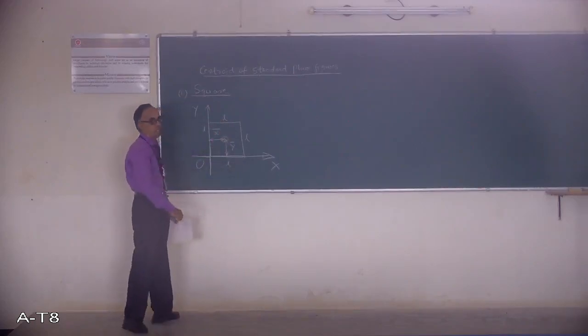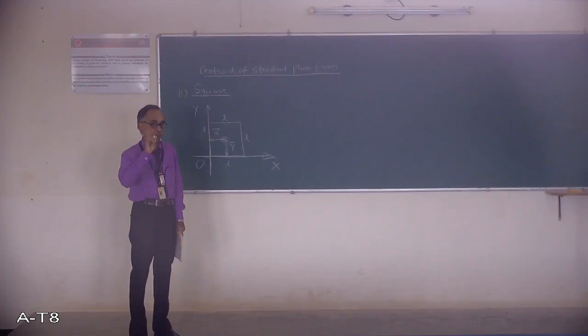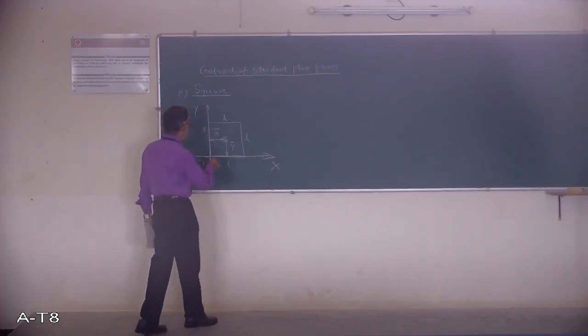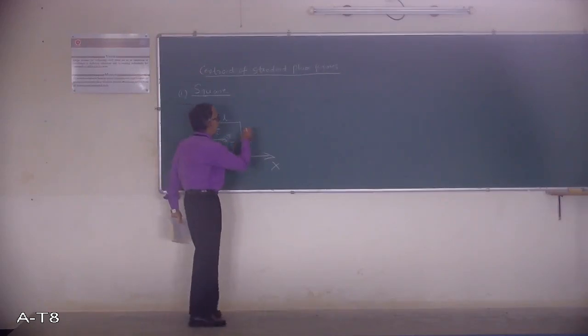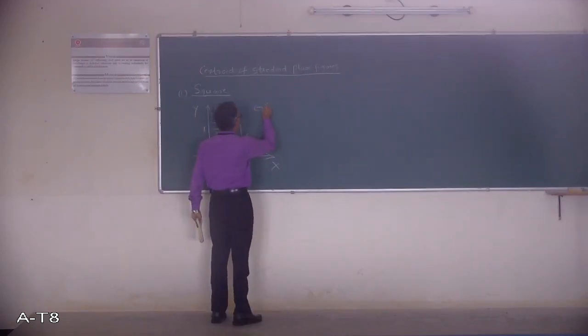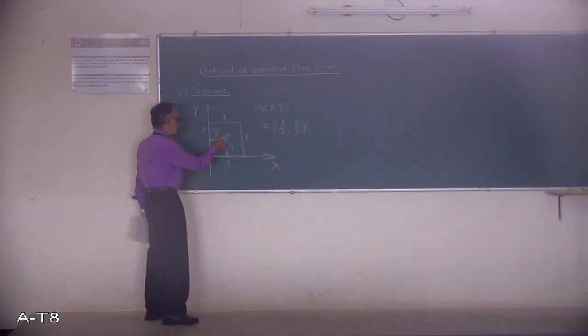What you must remember here is, whenever we mention centroid, we always mention it with reference to 2 axes, x-axis and y-axis. Here is the point where you will have the centroid G. I write the values here, x bar, y bar, that is L by 2 and L by 2. Centroid is exactly at this point.